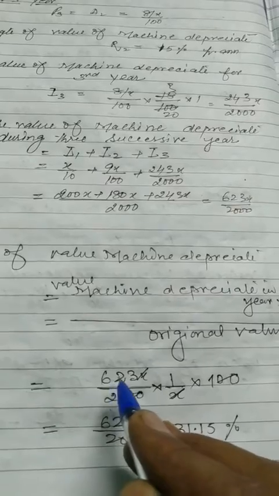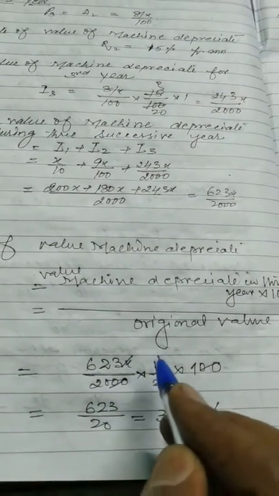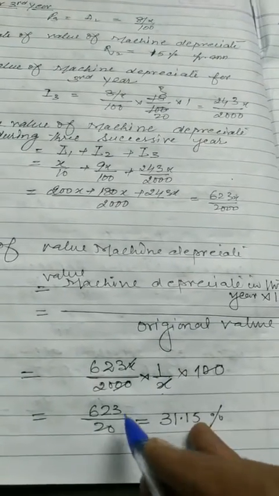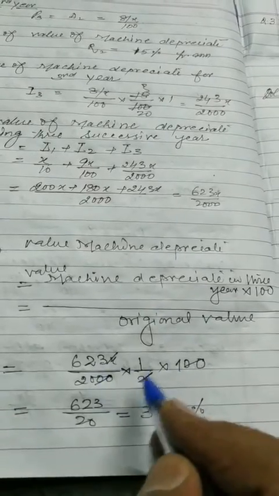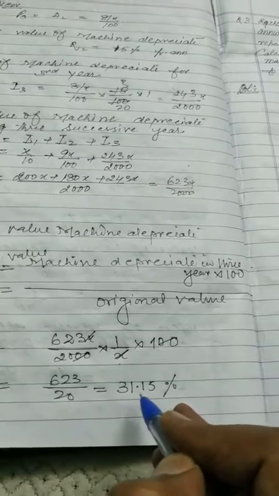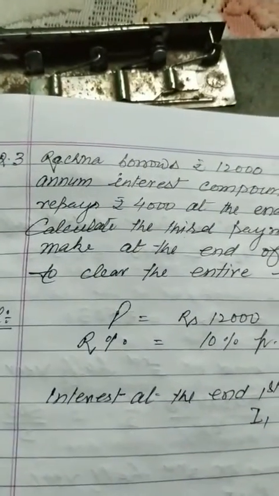That is 623 over 2000 multiplied by x, and the original value is x, multiplied by 100 over x. Cancel by 20, and x cancels by x, that is 623 over 20, that is 31.15%. Next, we have another question also.